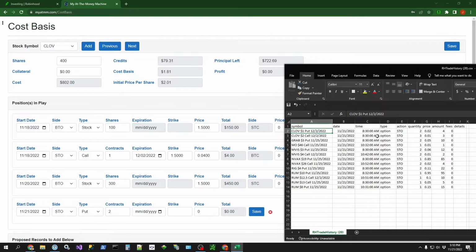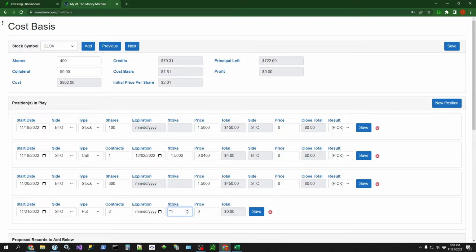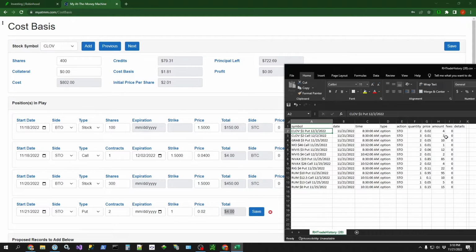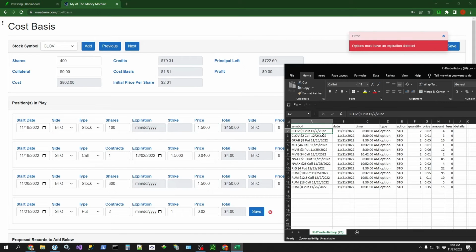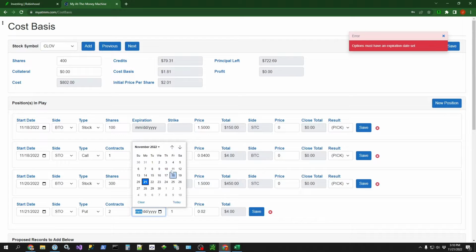The strike price was $1 and the price was 2 cents, $1.02. The premium is $4. Yep, so that's good. Go ahead and click save. Oh yeah, we didn't set the expiration date. Well, that's nice to know. All right, the expiration date is December 2nd, so that's next Friday.